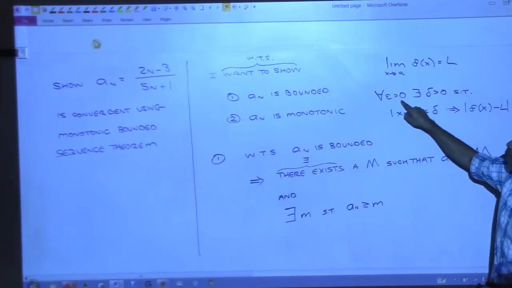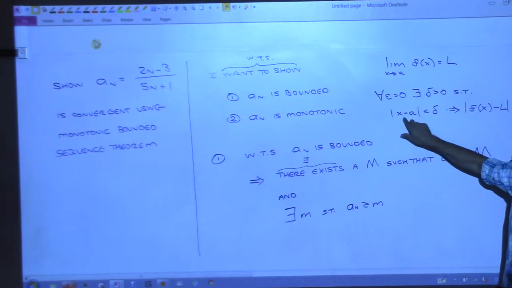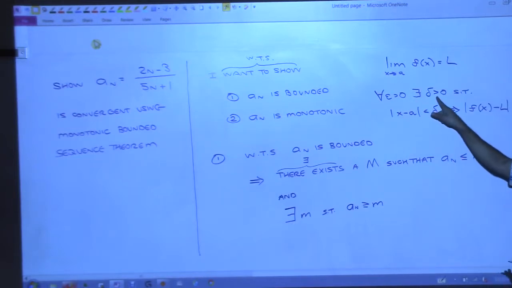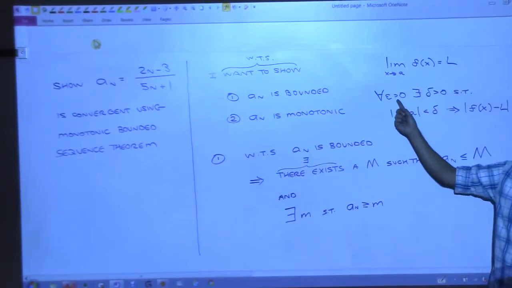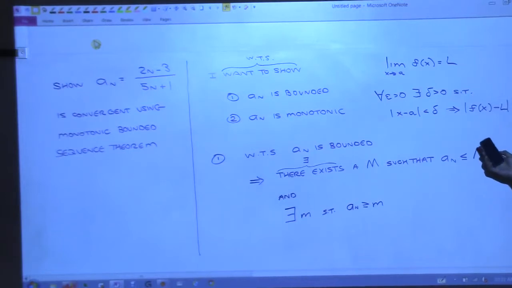For every epsilon greater than 0, there exists a delta greater than 0 such that when the absolute value of these two is less than that delta, the function's value minus its limit is less than that epsilon. What's epsilon? Any positive number. Don't worry about the meaning of the definition. What I'm getting at is that this is the way mathematicians write.